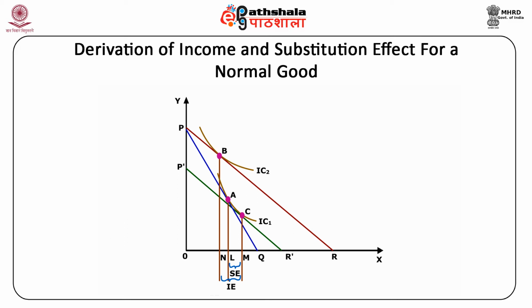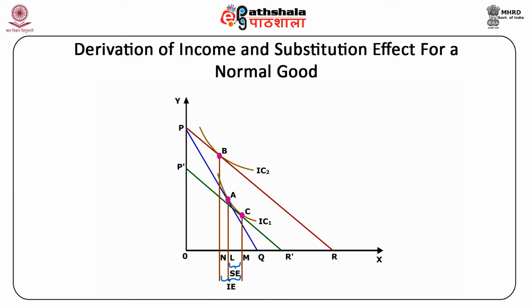The imaginary budget line P'R' reflects the new relative prices of commodities X and Y since it is parallel to the new budget line PR, which was obtained after the fall in price of commodity X. At the point C, the consumer increases the consumption of good X and decreases the consumption of good Y due to the change in relative price of commodities X and Y. The fall in price of X makes it relatively cheaper compared to Y, whose price is unchanged.